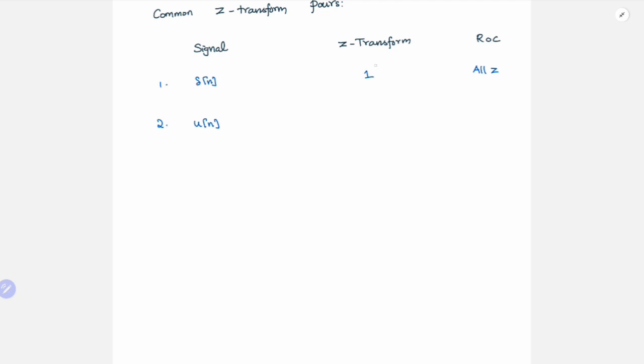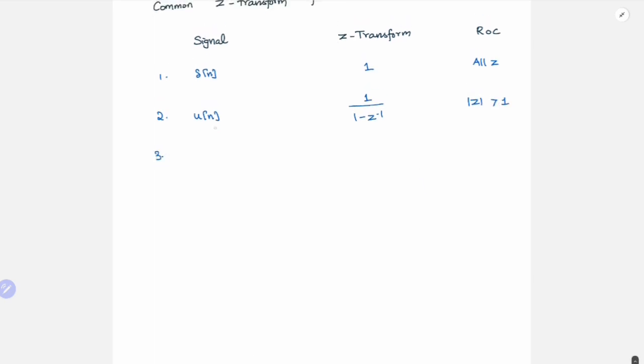This is gonna have z transform of 1 by 1 minus z inverse. This is similar to your a power n u of n with a equal to 1, right? And your mod z is gonna be greater than a. A here is 1. So third is similar to this, we have u of minus n minus 1 with a minus n. This is gonna give me the same z transform, but its ROC is gonna contain mod z less than 1.